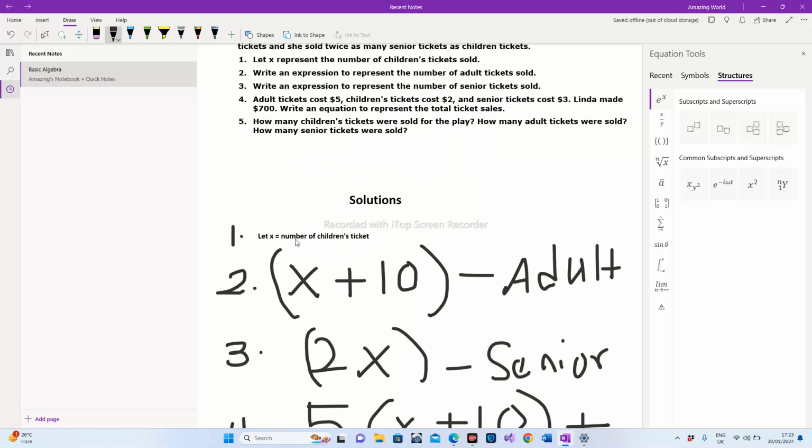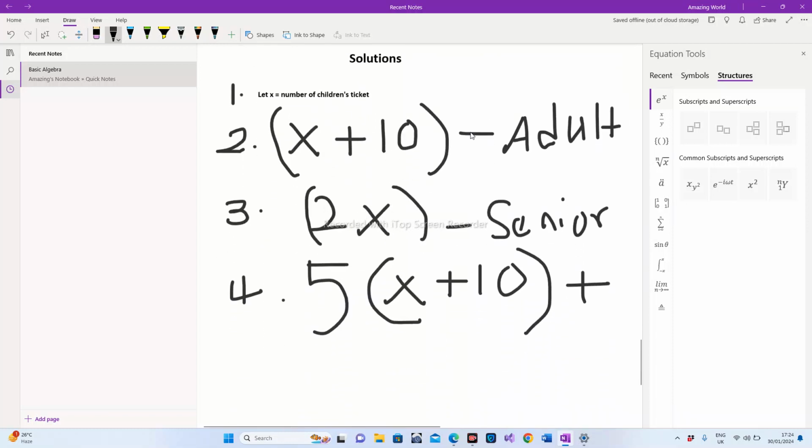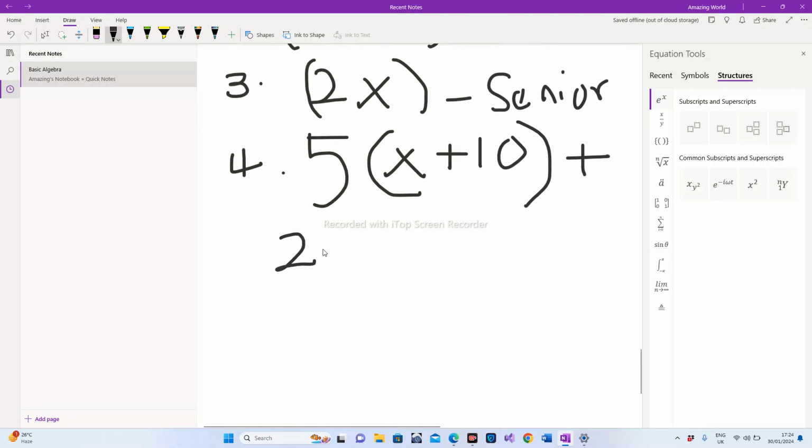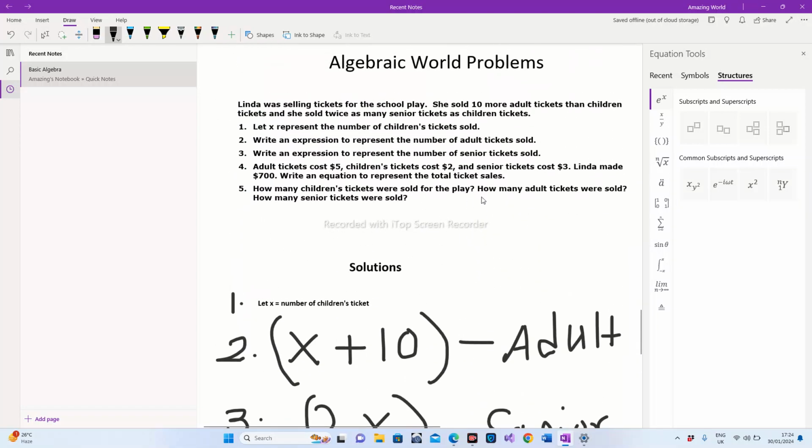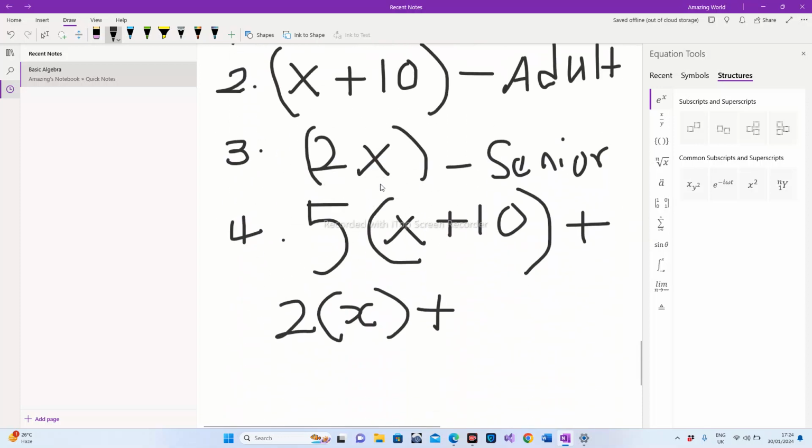Okay, let's consider the children's ticket first. We said the number of children was x, and they were charged $2, so that is 2 multiplied by x. Then the senior students were charged $3 times the number of senior students, which is 2x, so that is $3 multiplied by 2x.